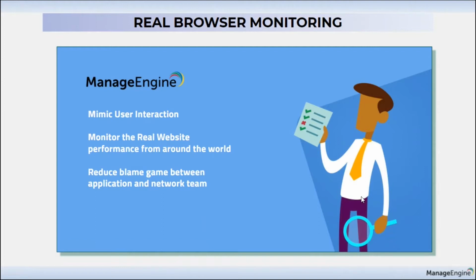To summarize what this monitor is designed to do, it mimics user interactions, and this part especially is what is known as synthetic transaction monitoring: the act of simulating user behavior across your web application or website, and then recording and playing these simulated transactions again to collect performance parameters.